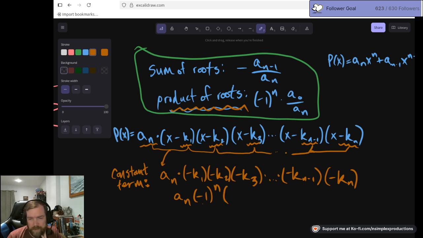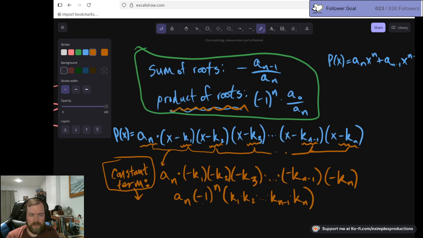Right, and then this is multiplied by k1, k2, k sub n minus 1, k sub n. This is the constant term, which is telling us that this is a sub 0.